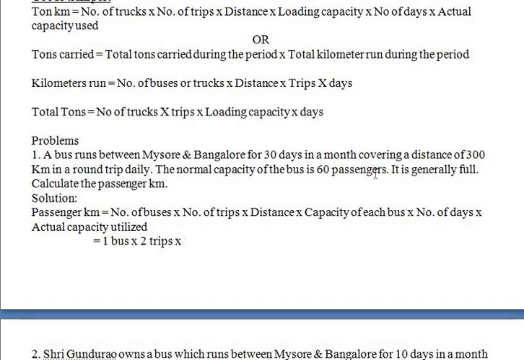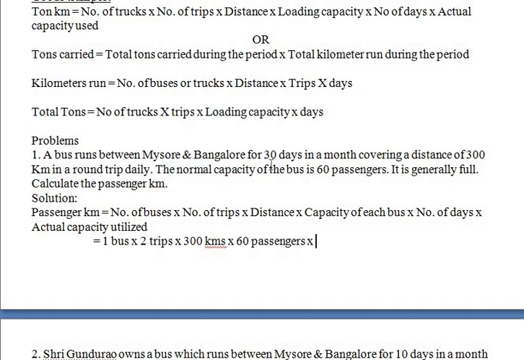Into distance. The distance they have told, covering a distance of 300 kilometers. So 300 kilometers into capacity of each bus. The normal capacity of each bus is 60 passengers, so it is 60 passengers into number of days.